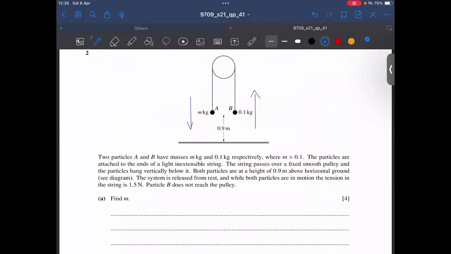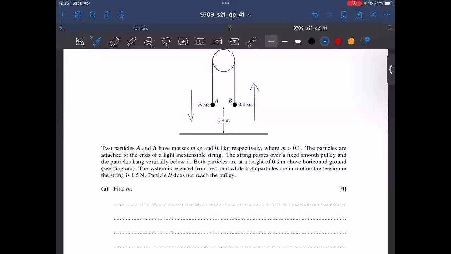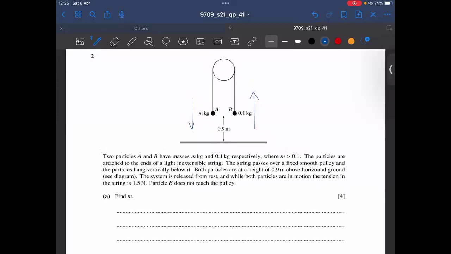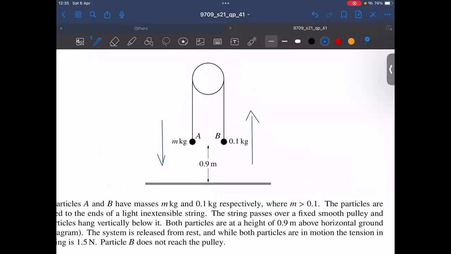The string passes over a fixed smooth pulley and the particles hang vertically below it. Both particles are at a height of 0.9 meters above horizontal ground. The system is released from rest, and while both particles are in motion, the tension in the string is 1.5 Newton. So the tension with respect to B is directed away from B, 1.5 Newton, and the tension with respect to A is directed away from A, 1.5 Newton as well.